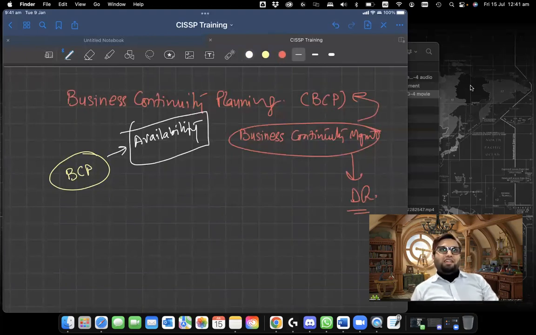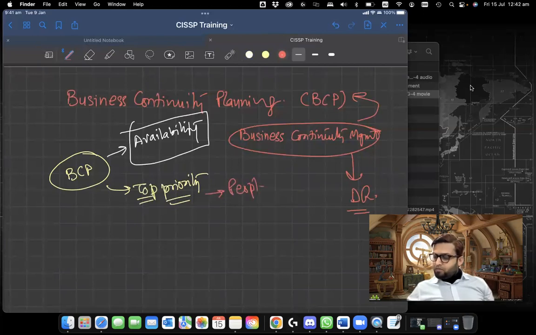And then what is the top priority of BCP? So availability is something which is the end objective of BCP, but when it comes to top priority, it's always people. So safety and well-being of people is the top priority of any process.